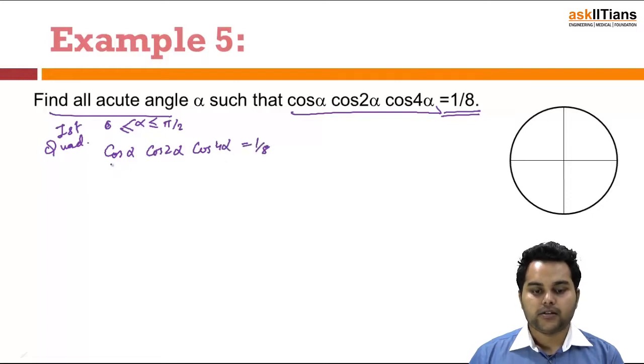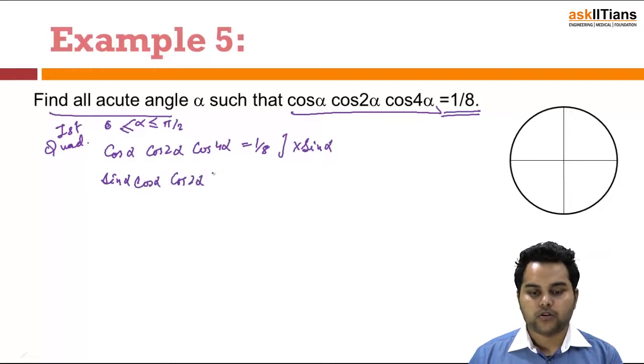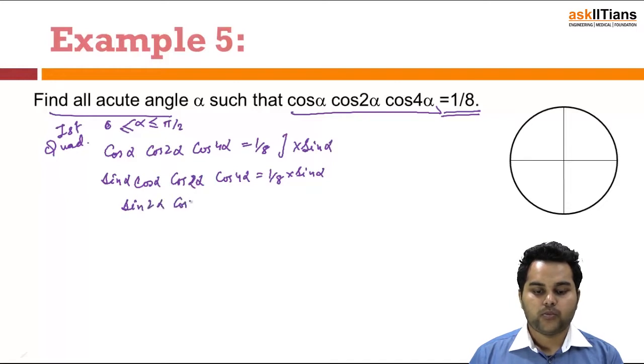I'll multiply sin alpha on both the sides. The reason being, you'll just get to know. I get sin alpha cos alpha cos 2 alpha cos 4 alpha is equal to 1 by 8 into sin alpha. Here I get sin 2 alpha by 2, that is sin alpha cos alpha, into cos 2 alpha cos 4 alpha as it is.